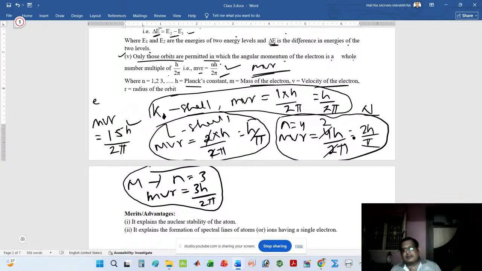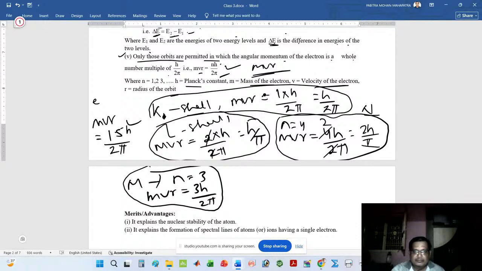If an electron has angular momentum 3h by 2 pi, then the electron must be present in the M shell, otherwise it will not be present. Suppose an electron has angular momentum 1.5 h by 2 pi, then for this electron there is no orbit. Orbit means a fixed angular momentum that is a whole number multiple of h by 2 pi.